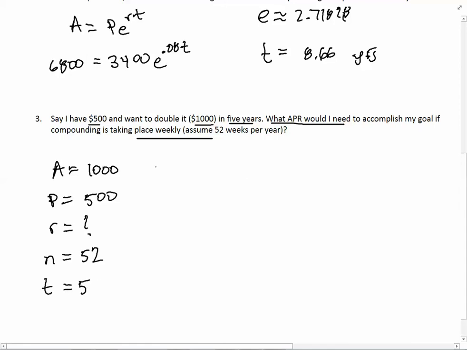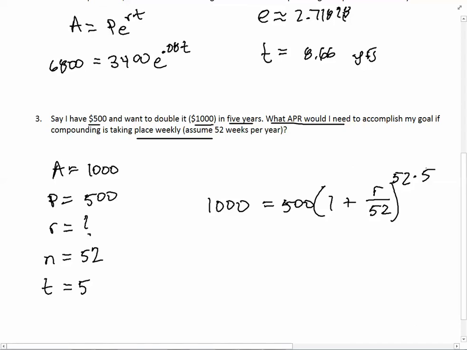So if I set all this up, I get 1,000 equals 500. Now this is not continuous compounding. This is compounding 52 times a year. So we go back to our compound interest formula. I don't know what R is, so I'm going to leave that as an unknown, divided by 52 raised to the 52 times 5 power.